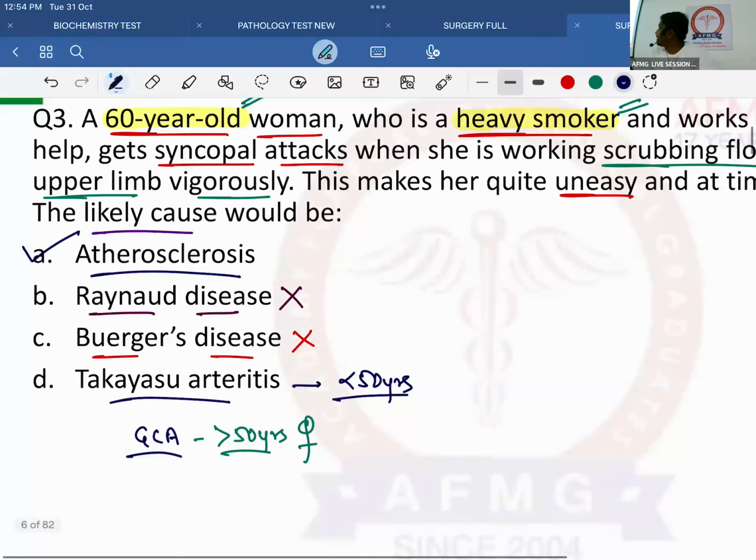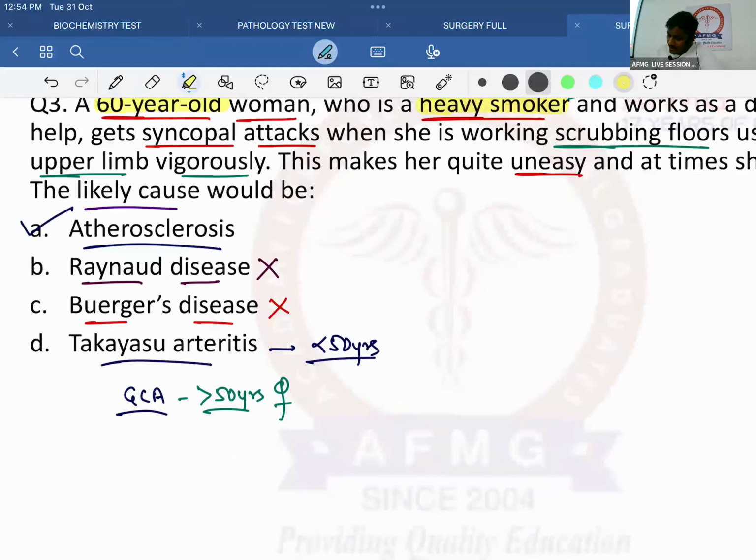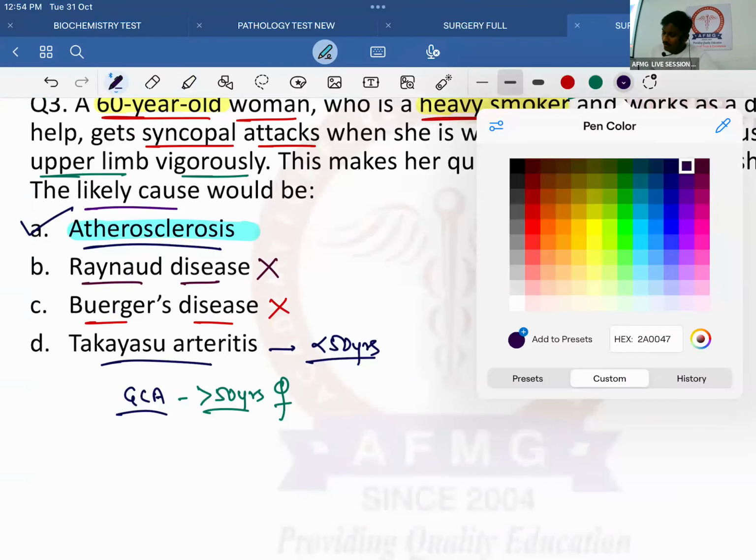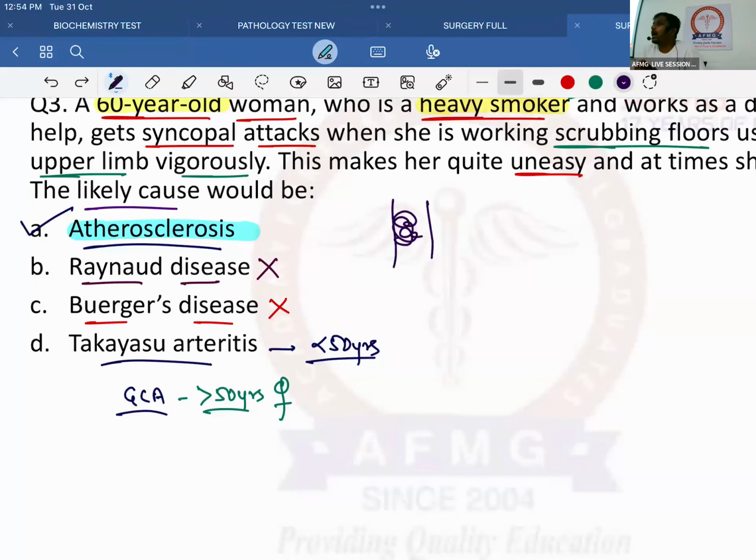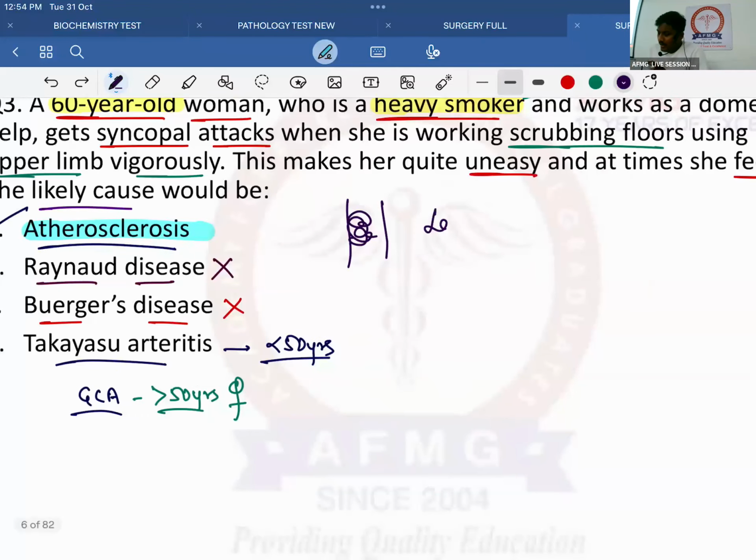So please remember the condition is nothing but atherosclerosis. That has to be your answer in this condition, beta. Reason is we know that atherosclerosis is nothing but formation of atherosclerotic plaque which causes blockage of the arteries, beta. It involves large vessels or small vessels? Large vessels, definitely. It involves patients more than 50 or less than 50? More than 50 years of age, that is elderly patient.